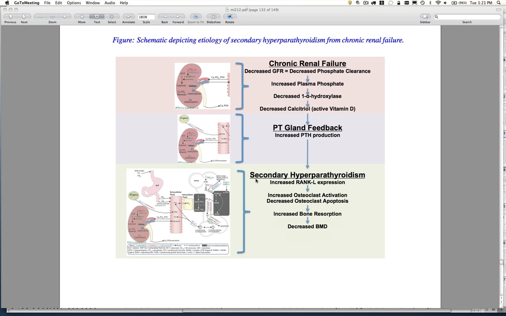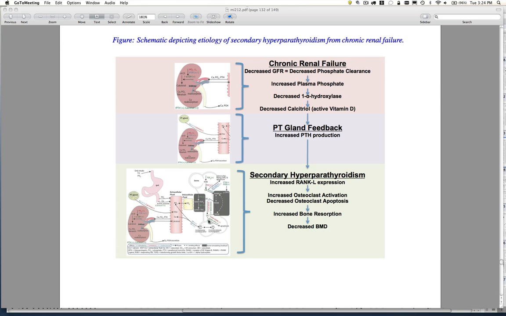If you recall, when there's a prolonged elevation in parathyroid hormone, that, through the bone side of things, ends up feeding back, increasing the amount of RANK ligand expression. That RANK ligand is what hooks into the osteoclasts and tells the osteoclasts, hey, I need more of you, number one, and number two, you're fine to live longer, don't go down the road of apoptosis as often.